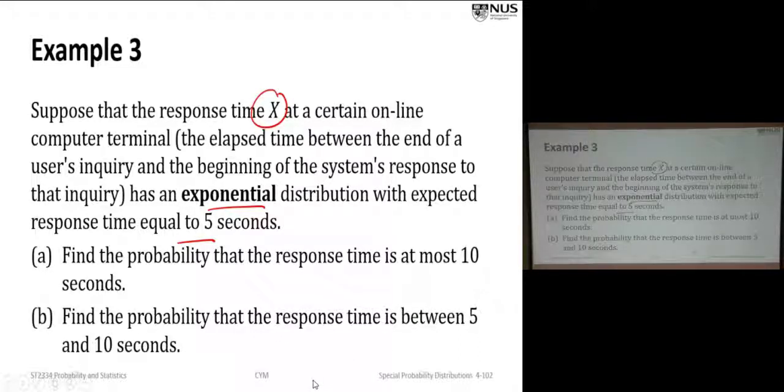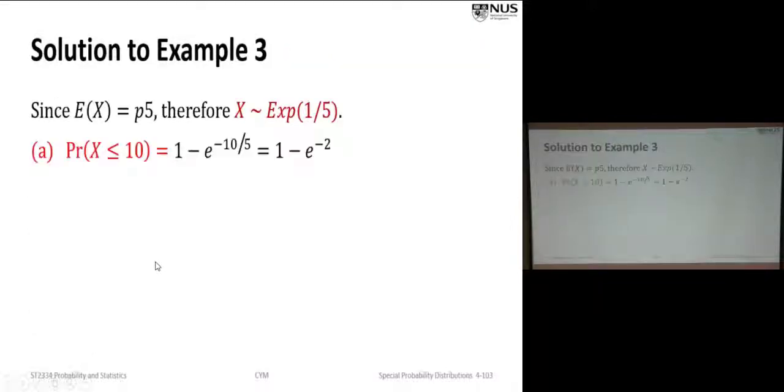It's quite straightforward. X follows exponential, and you have to work out the parameter, which is 1 over the expectation of X. In this case, we are told the average is 5, so it's 1 over 5.